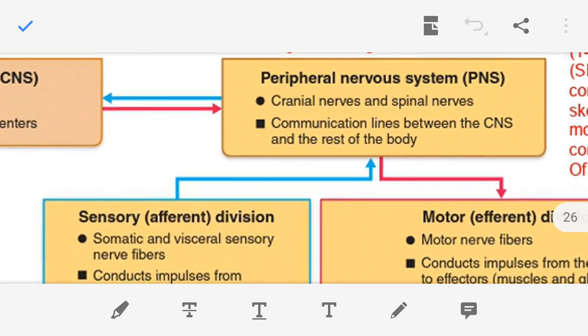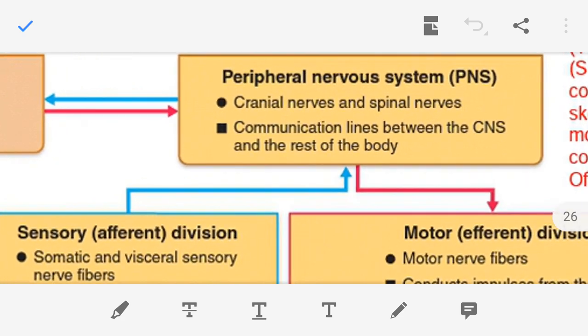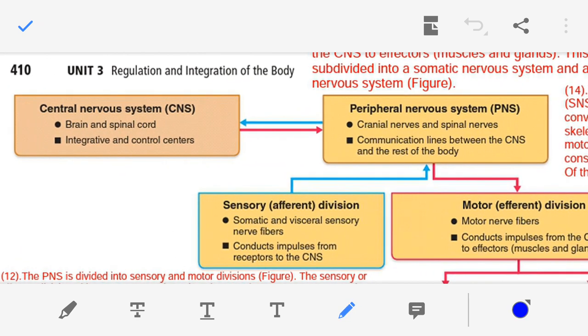So what is the PNS? Let's first understand, this is the CNS. CNS means brain and spinal cord. From the brain and spinal cord, the nerves emerge. Brain, cranial nerves; spinal cord, spinal nerves. So the peripheral nervous system is made up of the nerves. Then these fibers, somatic and visceral sensory fibers, send the nerve impulse to the nerves, let's say the spinal nerve.